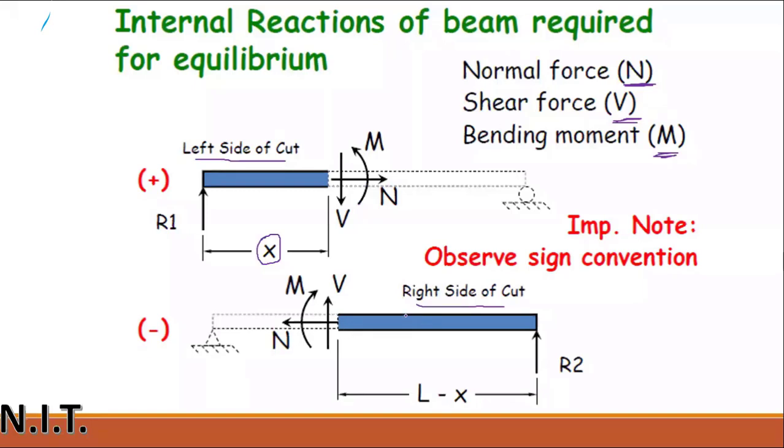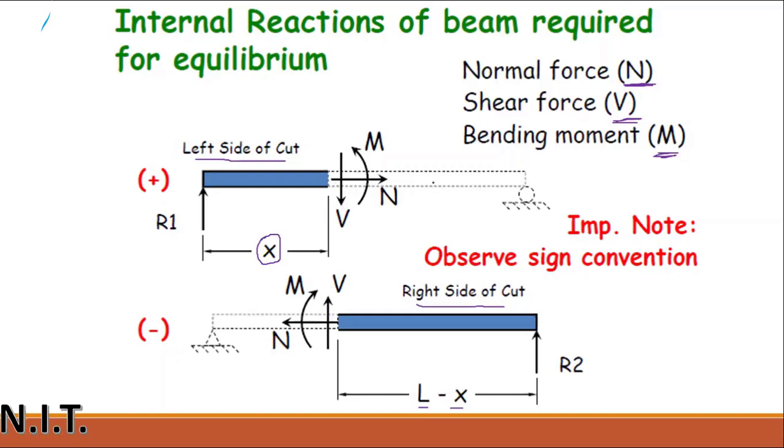If we are considering the right side of the cut, then this length will be L minus X. This is reaction 2, and here the sign conventions of the forces will be different as compared to the left side of the cut. On the left side, the shear force is downward, but here it is upward.